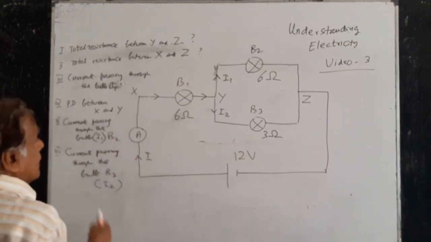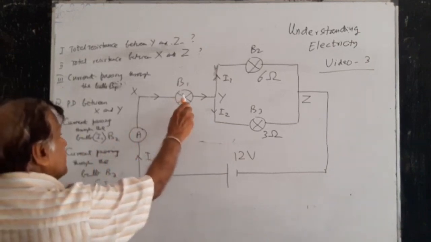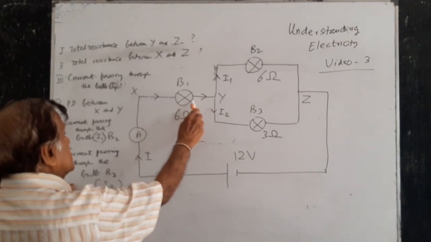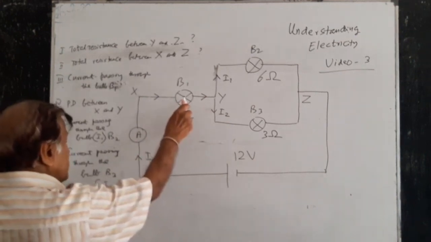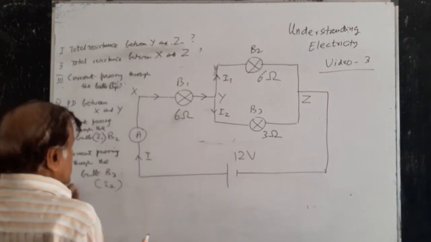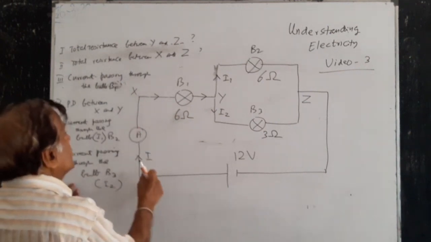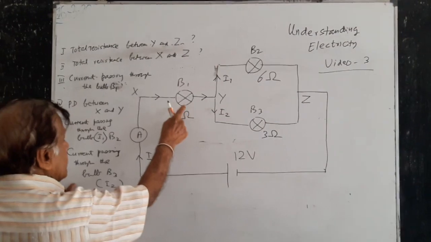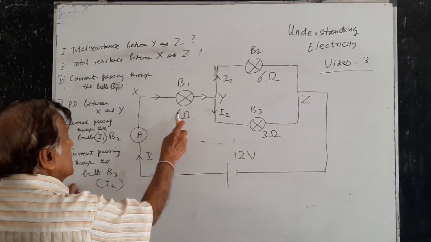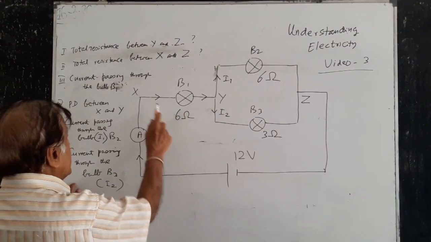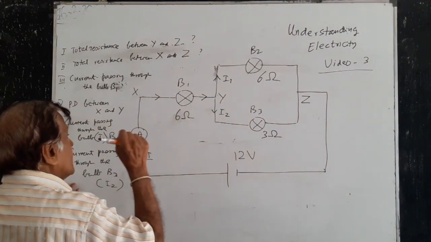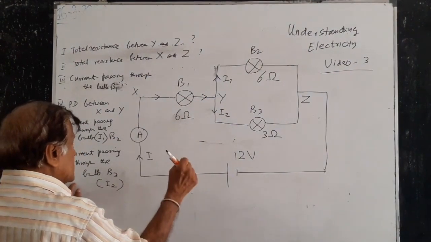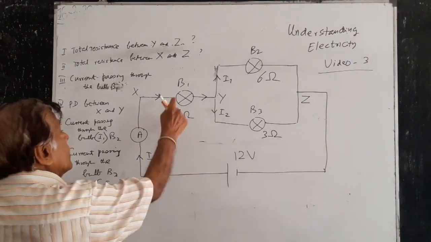Now let us calculate the fourth part. The current passing through this is 1.5 amperes. The resistance of this bulb is 6 ohms. Now you have to calculate the potential difference between these two points, that is the potential difference or the voltage across this bulb.